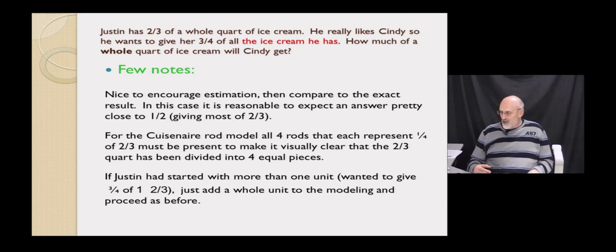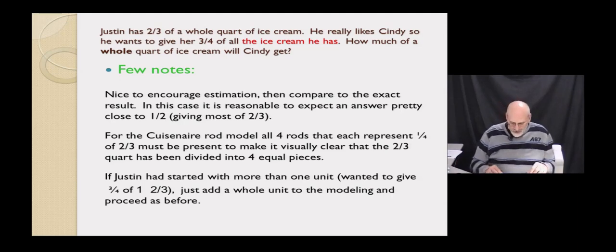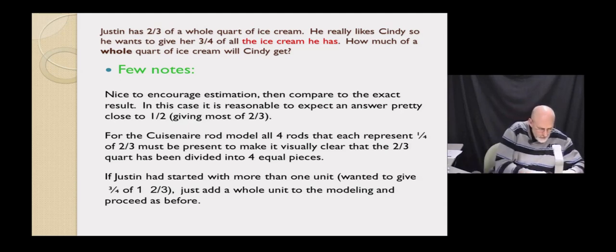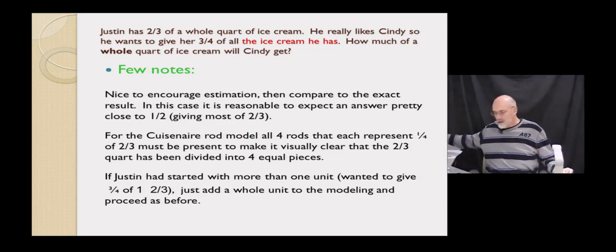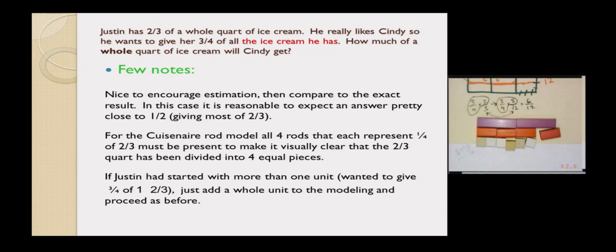For the Cuisenaire model, let me get that one back up here. For this Cuisenaire rod model where we're doing 3/4 of the 2/3, it is extremely important that all 4 of these blocks are shown in here.